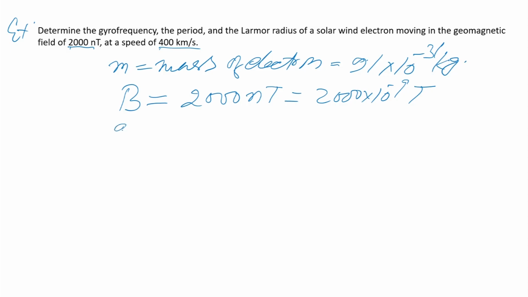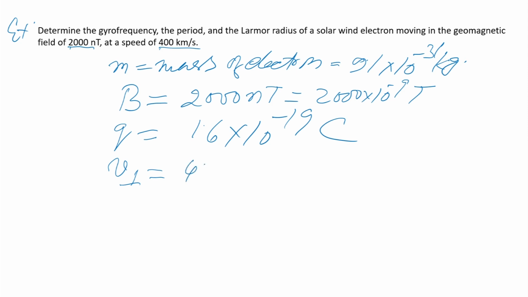The charge of an electron q is 1.6 into 10 to the power minus 19 Coulomb, and v perpendicular is 400 kilometers per second. I can write this as 400 into 10 to the power 3 meters per second.